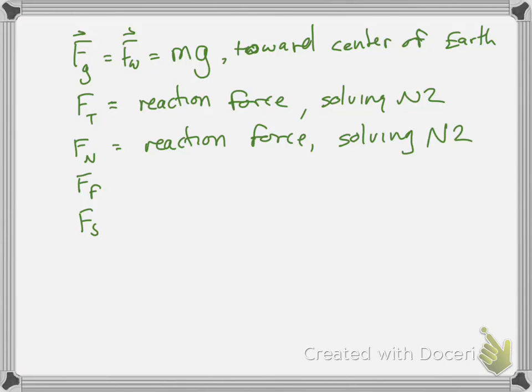But if I push down on that box, this was the example we did in class, if I add an additional force in the downward direction, then the normal force compensates for that. And so even though it's a 150-pound box, if I'm pushing down on the box with an additional 50 pounds, then the normal force must be 200 pounds. We'll do an example showing that in a second.